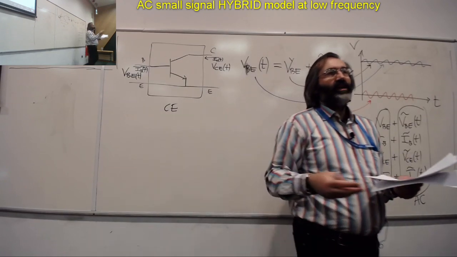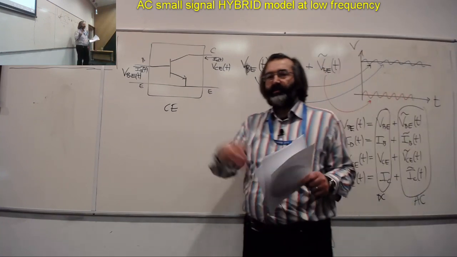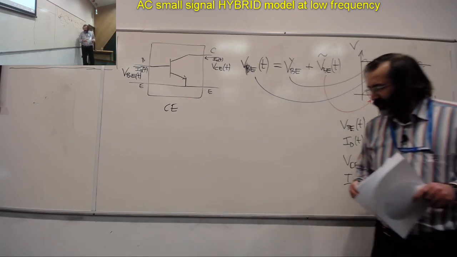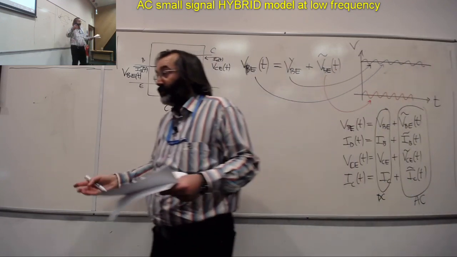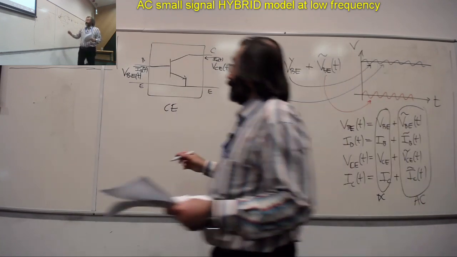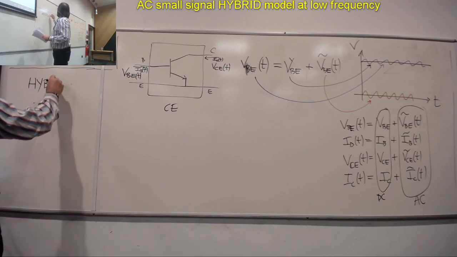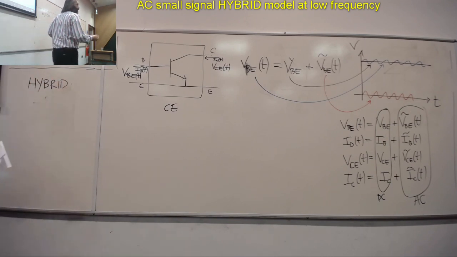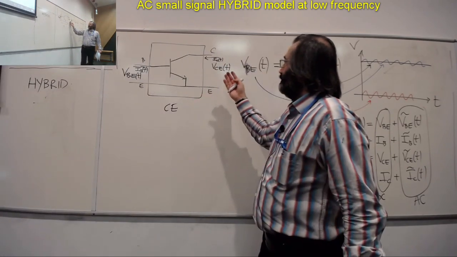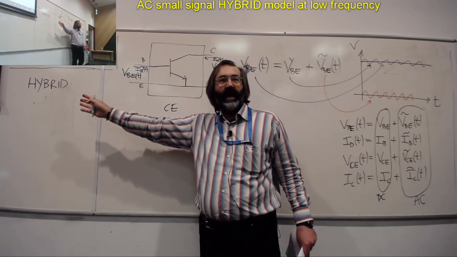Now the one we will use, which is the most widely used in most of the books, is the so-called hybrid model. Hybrid because here we have voltages and currents. Can you guess why this will be called hybrid?